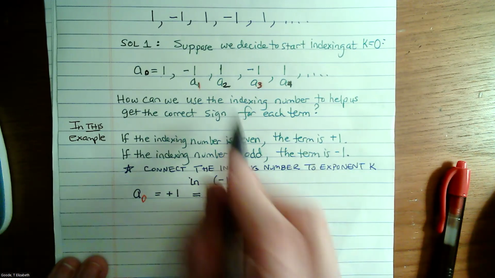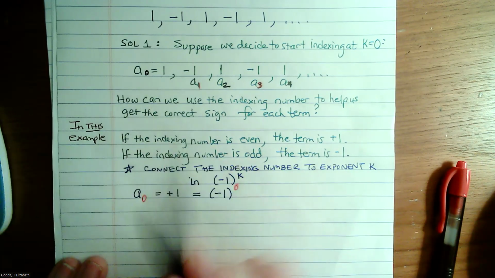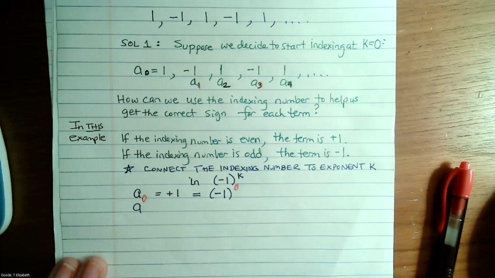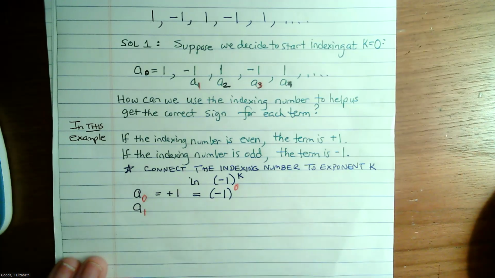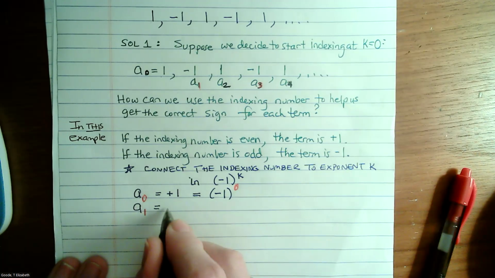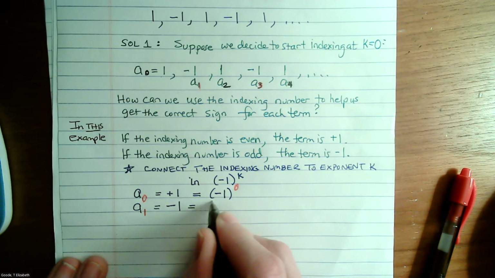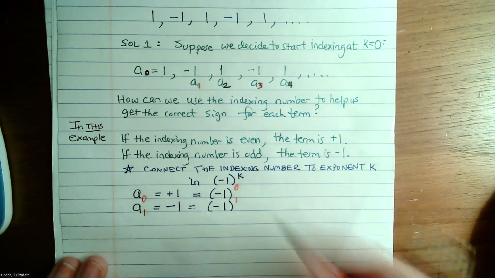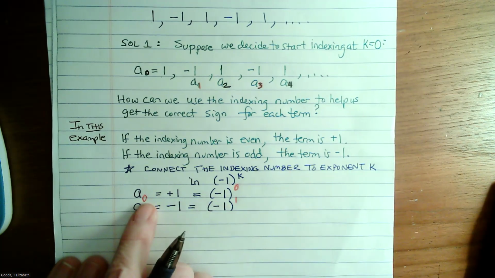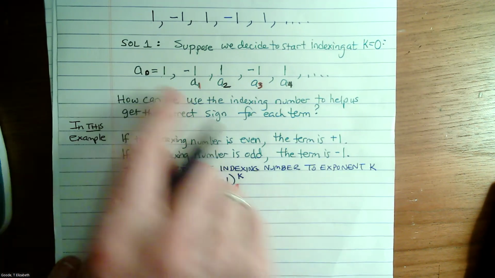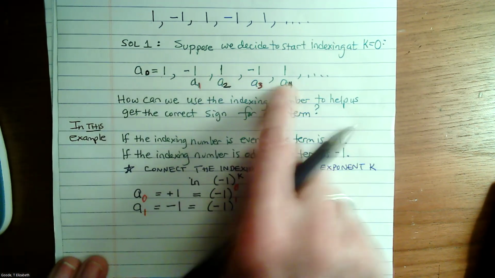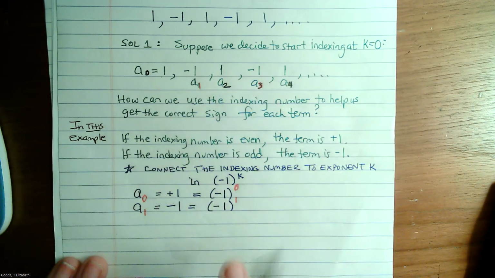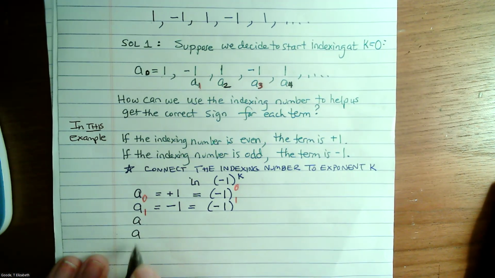And a sub 1, now a sub 1 is negative 1. Well, we want to connect that indexing number 1 somehow to the formula, and it's going to work out perfectly because in this example, which I designed this way, if we start our indexing at 0, then the even index terms are positive and the odd index terms are negative, and we can just use the indexing number as the power.